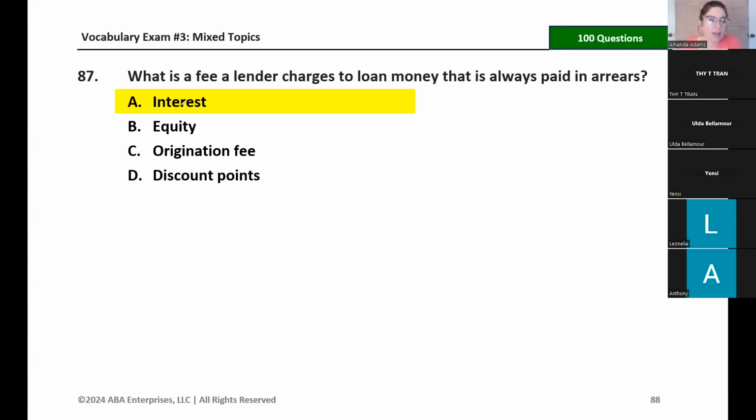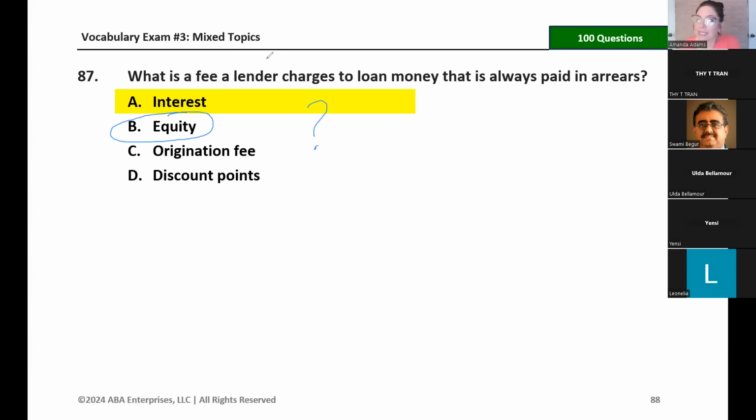Guys, what is equity? Let's do a little vocab here. What is equity then? Equity is what? Part of the money paid as principal to the loan. Okay. Anybody else got an explanation of equity? Okay, so equity is, and Swami, thank you for sharing that.